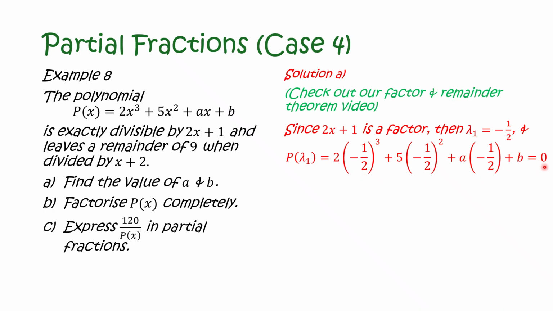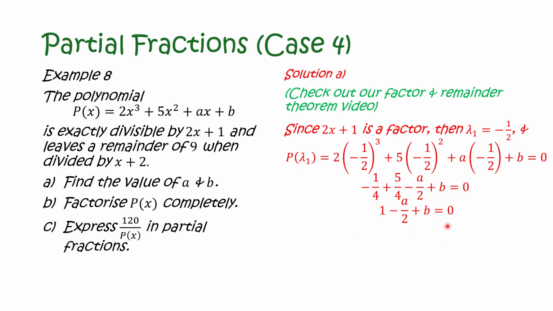And then p of lambda 1, implying that where we have x, we're just substituting with the value of lambda 1, and that should be equal to 0. Why? Because 2x plus 1 is a factor, meaning that p of x is divisible by 2x plus 1. So it divides into p of x without leaving any remainder. That's why we set this one to 0.